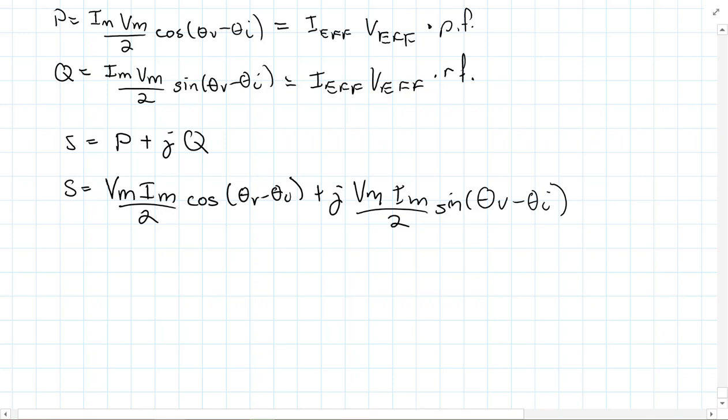Now one thing we can clearly see here is I could factor out these Vm Im over 2.